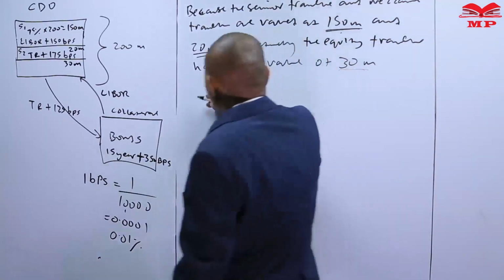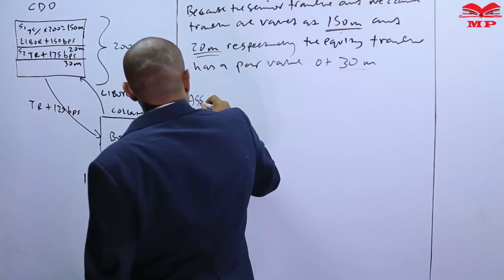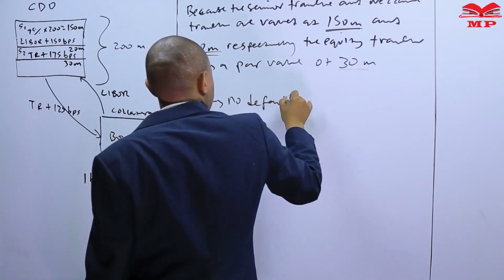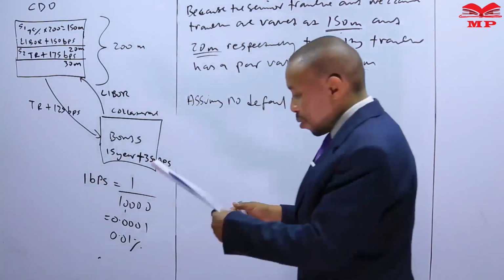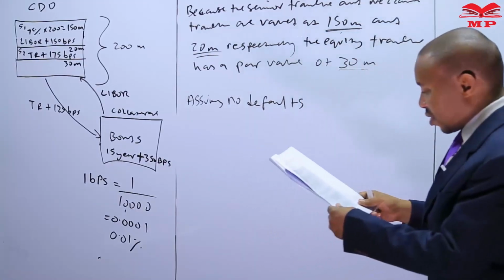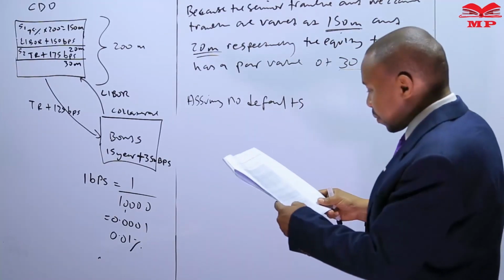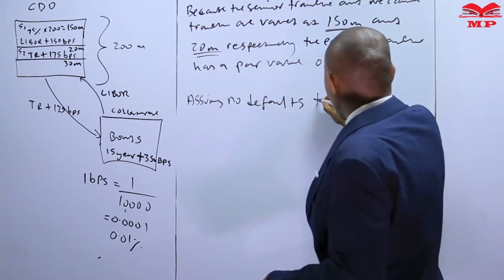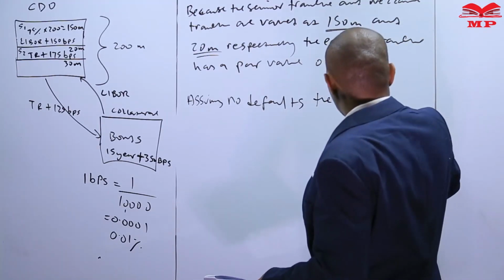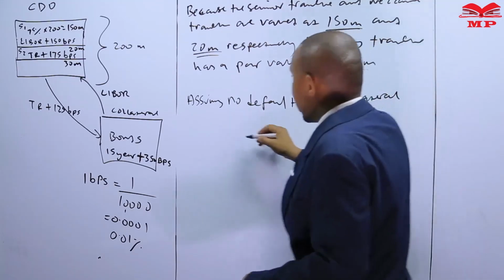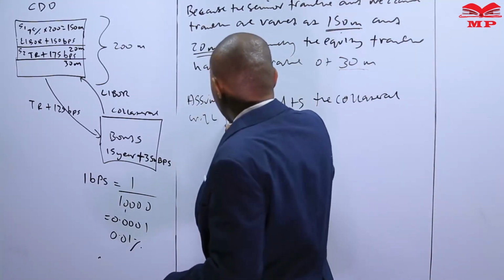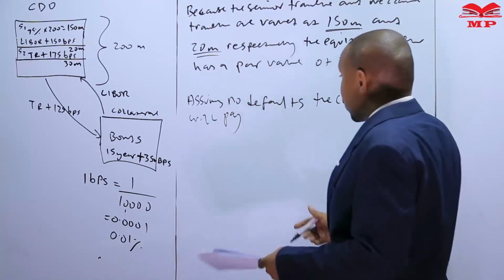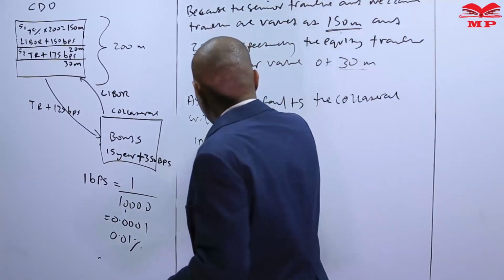Now we continue and say, assuming no defaults, what we can deduce from this structure is that the collateral will pay the interest from the collateral.